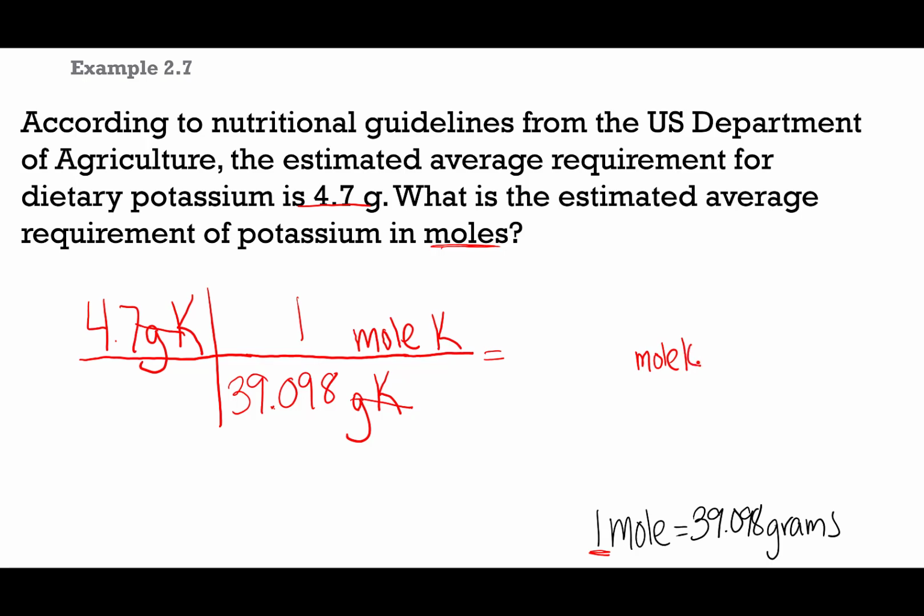And just like before, we multiply across the top, divide by the bottom. 4.7 times 1 divided by 39.098. And this is what my calculator spits out.